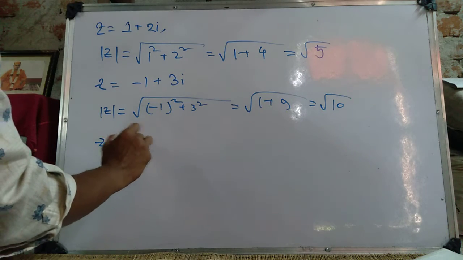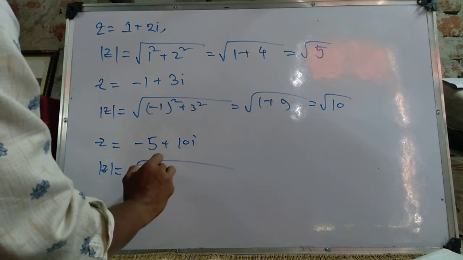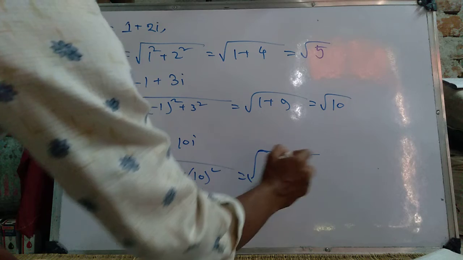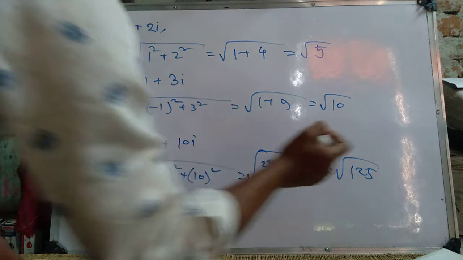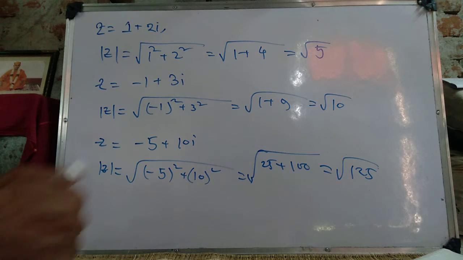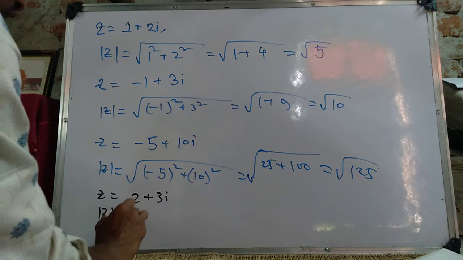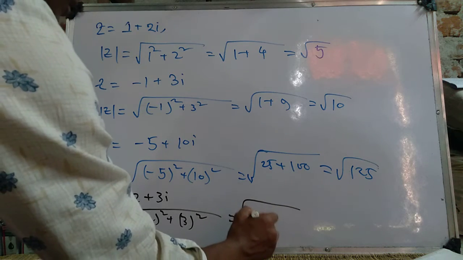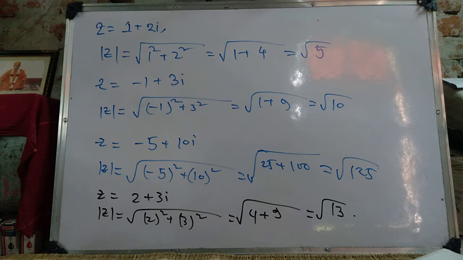Next, z = −5 + 10i, then |z| equals the square root of (−5) squared plus 10 squared, equals square root of 25 + 100, equals square root of 125. Again, z = 2 + 3i, then |z| equals the square root of 2 squared plus 3 squared, equals 4 + 9, equals square root of 13.